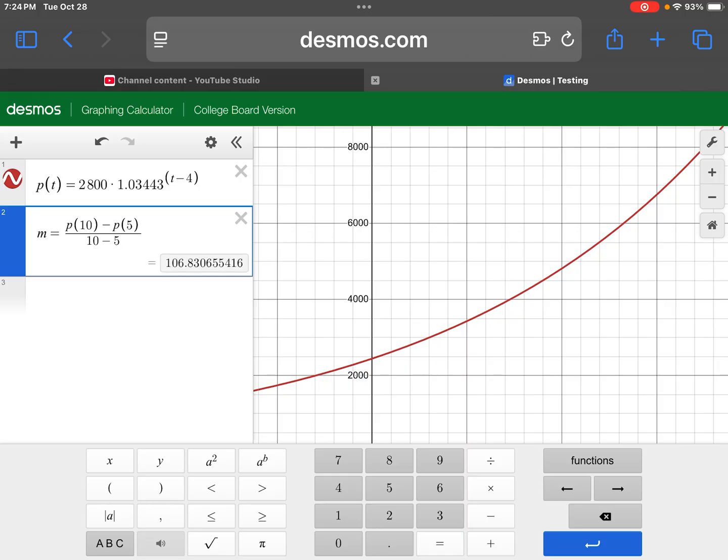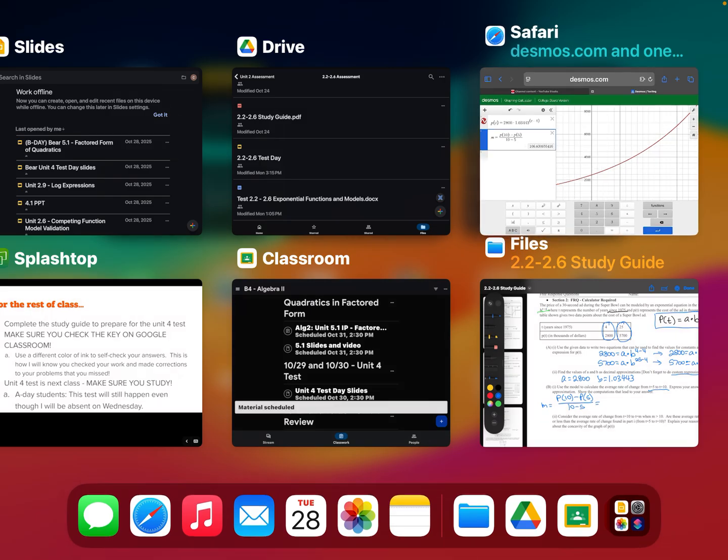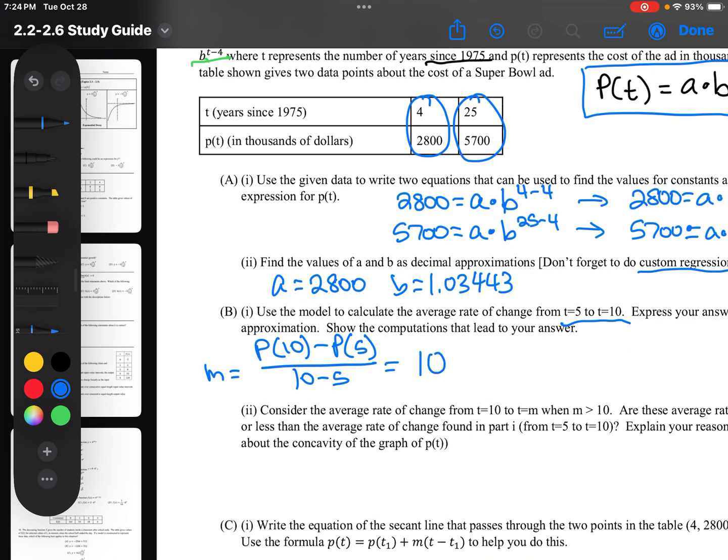My output, according to the calculator here, says 106.830655416. I'm just going to round that off to 3 decimal places, so 106.831. That's our average rate of change.